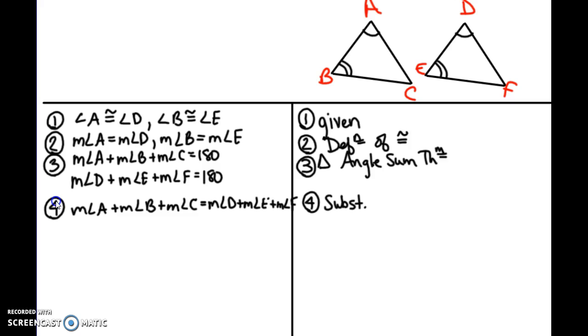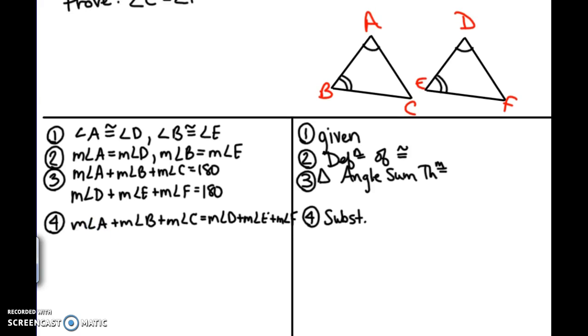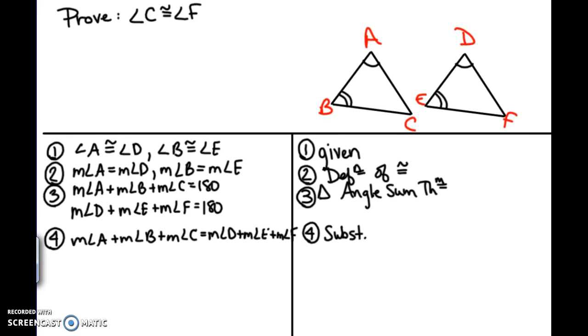Now, if we look back into number 2, where B is equal to E and A is equal to D, you'll notice that on each side of this equation, I have a D on this side and an A on this one. Now remember, we are trying to get back to C to F. So this A, B information is extra.